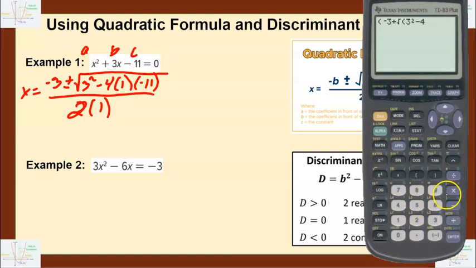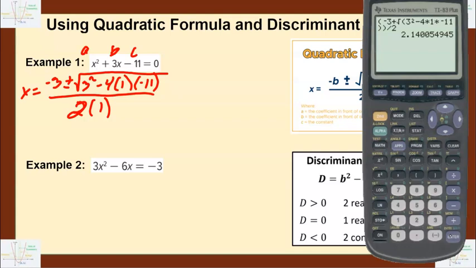Minus 4 times 1 times -11, end parentheses, end parentheses. And the reason why I'm doing end parentheses first is because that closes the radical, and the second set of parentheses closes the whole numerator. Then I'm going to divide that by 2 times 1, divide that by 2.